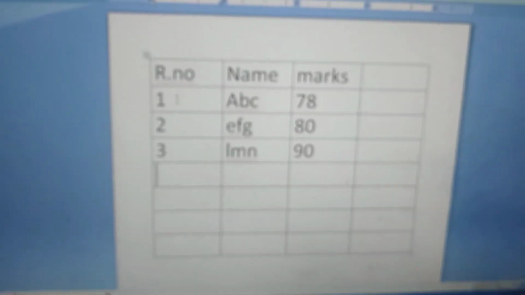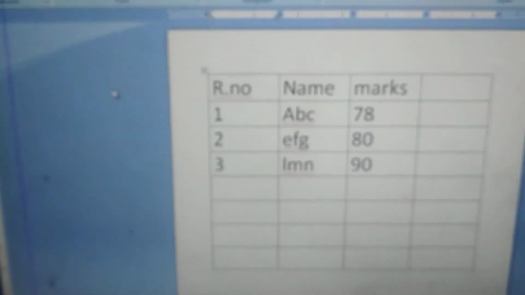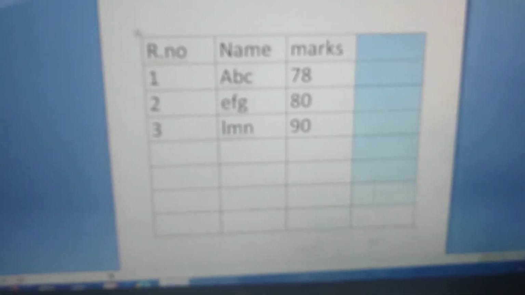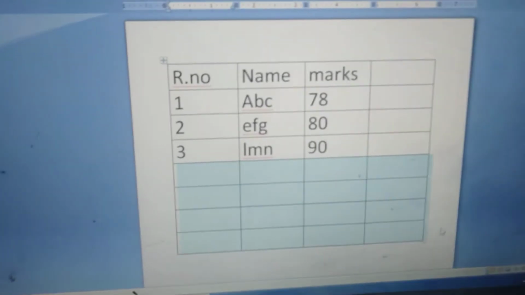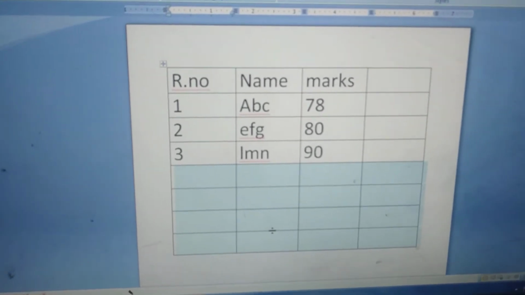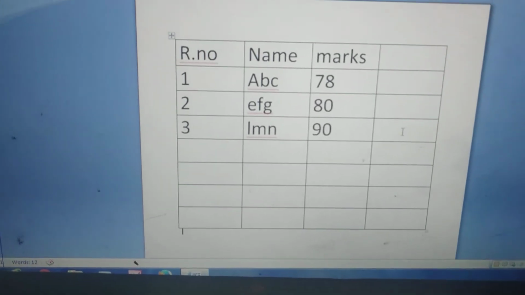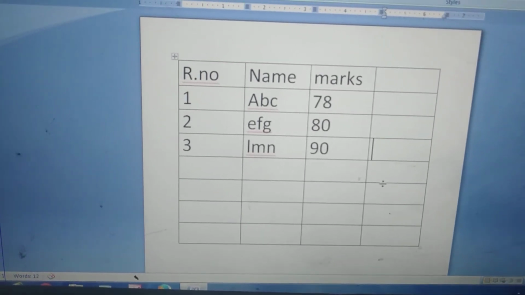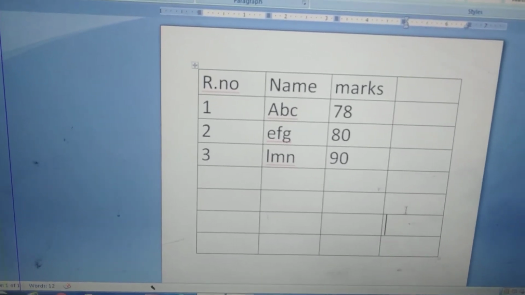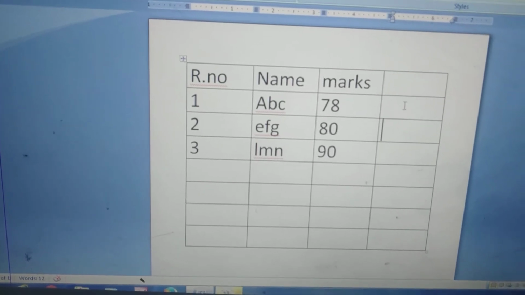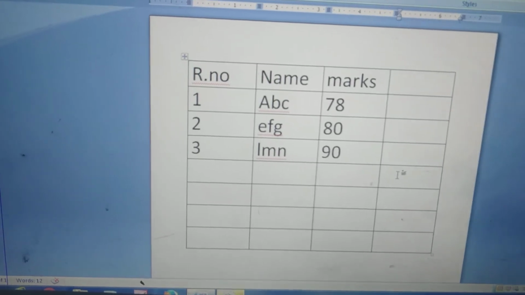Okay, now see, this many records I have inserted in this table. Now I don't want this extra column and these extra rows. To delete these extra columns and rows, what to do? Suppose you want to delete a column, then keep your cursor anywhere in that column and then right click.